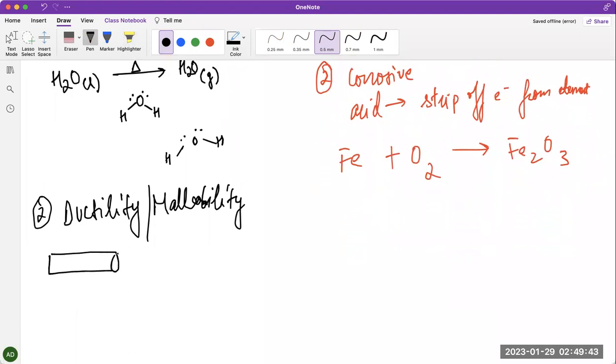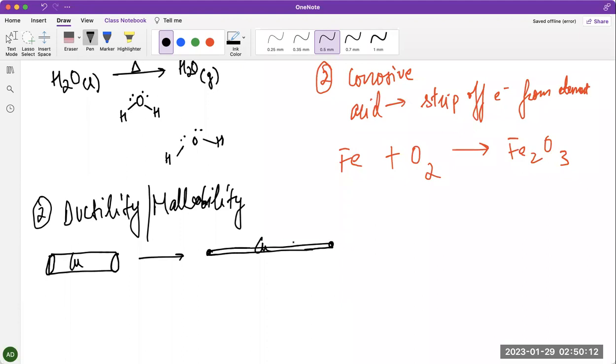You take a copper cylinder, a cylindrical piece, and then you stretch it and change it into a long, thin wire of copper, and that is possible, right? In the case of metals. So that is the physical property of a metal, that you can change copper from this to this. So ductility is when you're able to deform a metal without breaking or fracturing it.